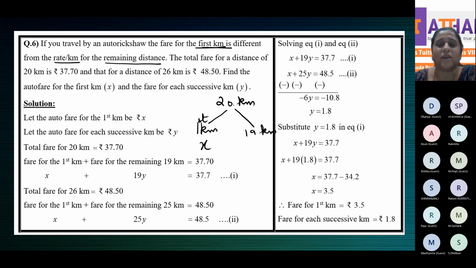Why will you again calculate for 20 kilometers? For the first kilometer, you're already giving him X rupees. Now for the remaining distance, 20 minus 1, 19, you will be paying him Y rupees per kilometer. So X plus 19Y is equal to the total fare of 37.7.